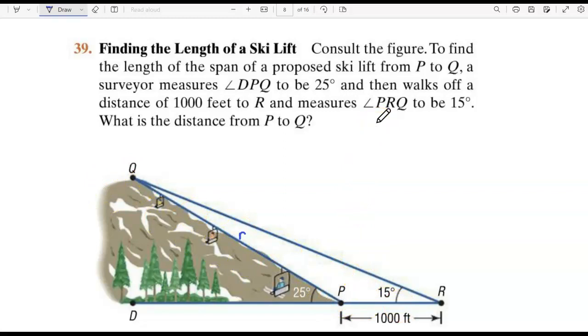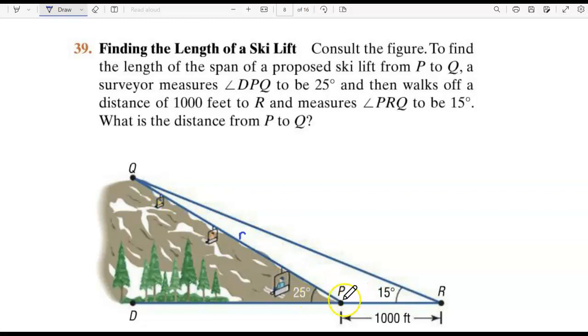So we've got this picture. We can figure out everything we need. So we need to know some angles. Actually, we really need to know what this angle is up here, and we have enough information to figure that out. So we know this is 25 degrees, and we got to figure out what this is. That way we can figure out what this guy is. So to figure this out, these are supplementary angles.